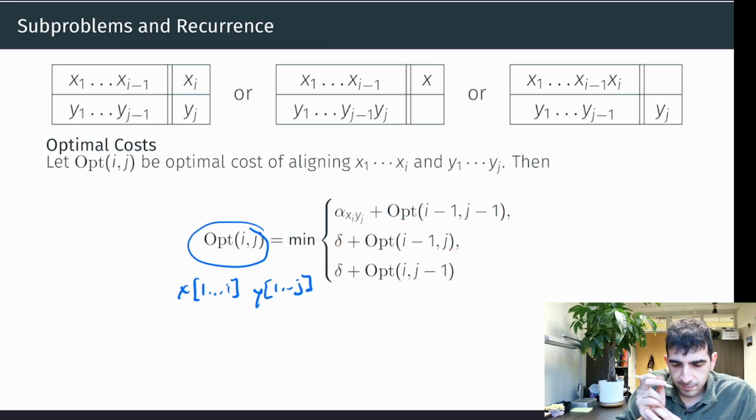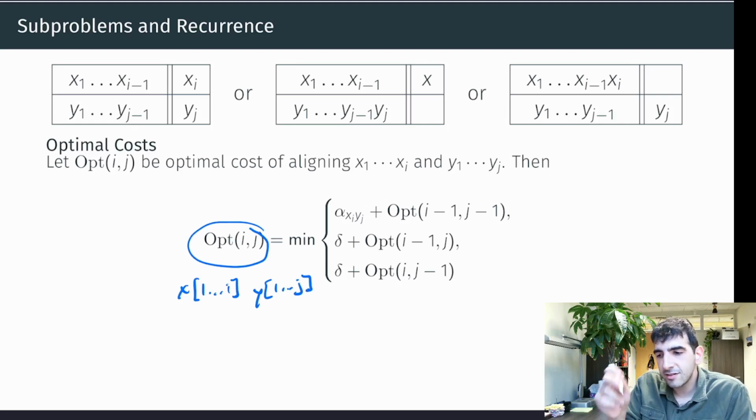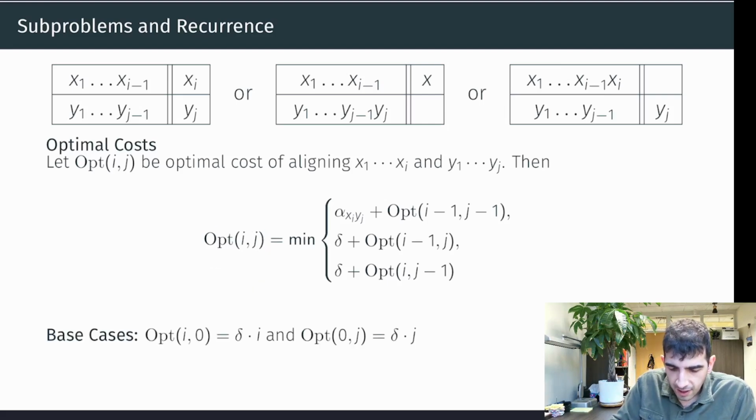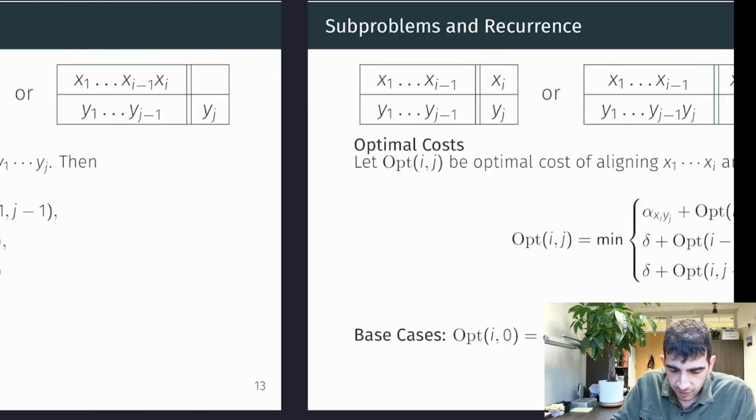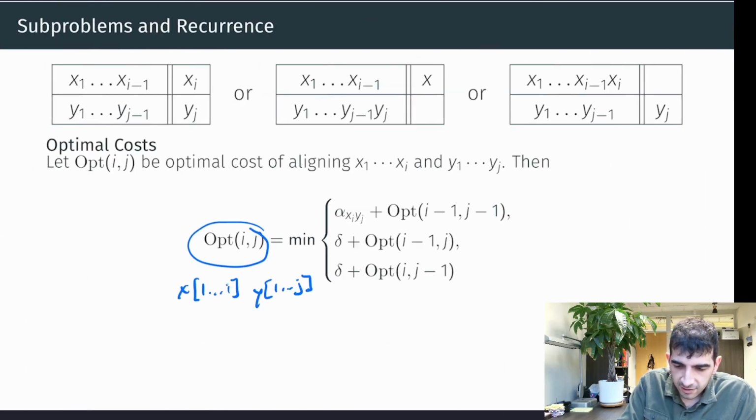And this is, of course, assuming one major thing. This is assuming that if the last characters xi and yj are the same character, i.e. if xi is equal to yj, then this alpha is equal to 0.